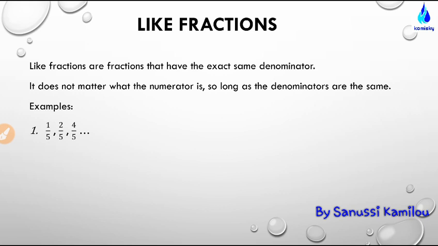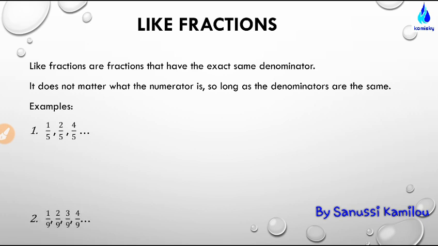We have 1, we have 2, we have 4. It has gone by the rule or the definition of like fractions. So we'll call these fractions like fractions. Follow this example and give me some like fractions. Write them down quickly.